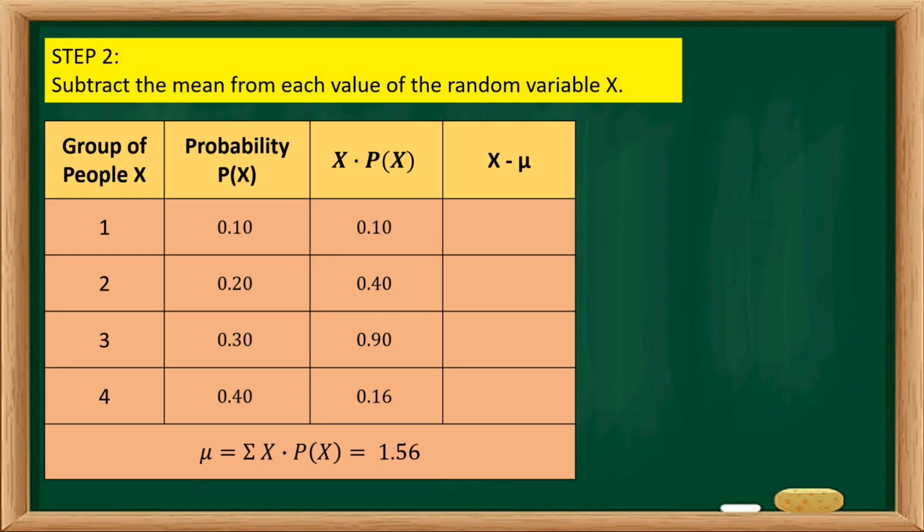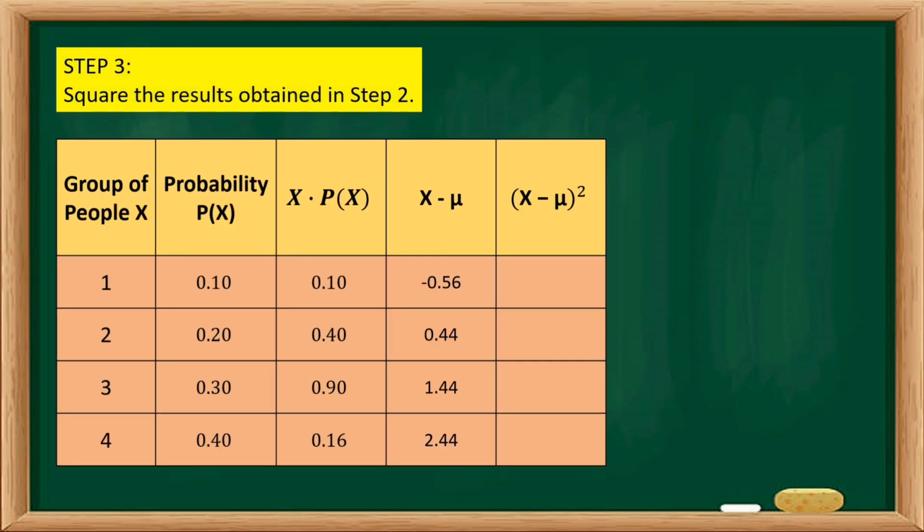Step 2. Subtract the mean from each value of the random variable x, wherein we have 1 minus 1.56, we get negative 0.56. 2 minus 1.56, we get 0.44. 3 minus 1.56 is equal to 1.44, and 4 minus 1.56 is equal to 2.44. Step 3. Square the results obtained in Step 2.